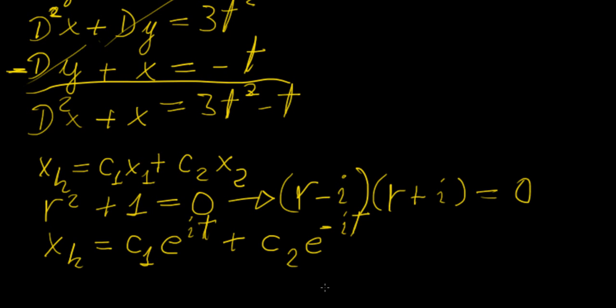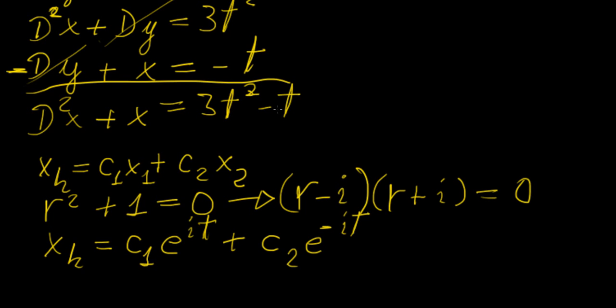In this case, it would be more convenient to use this because we're going to have to differentiate this function to find y, and this is a lot easier to differentiate and then to manipulate algebraically than if we use trigonometric functions. So that's the reason why I'm going to use this form in this particular example. So this is the homogeneous solution.